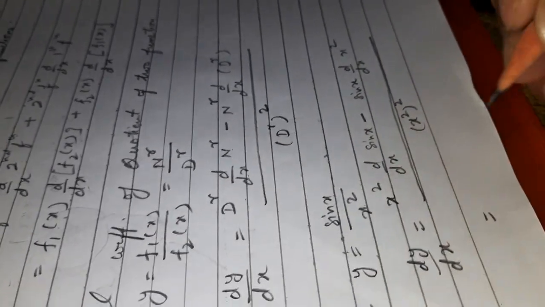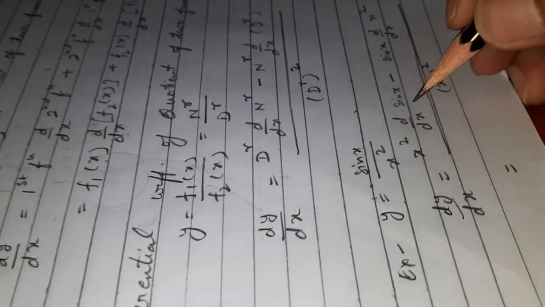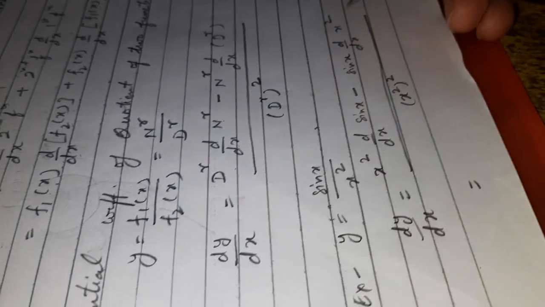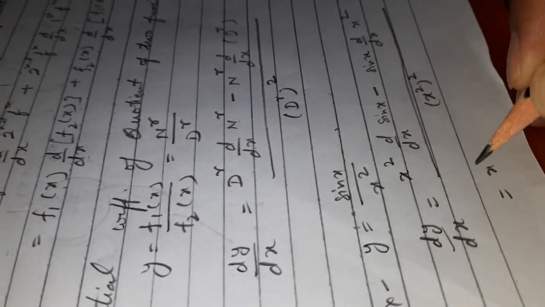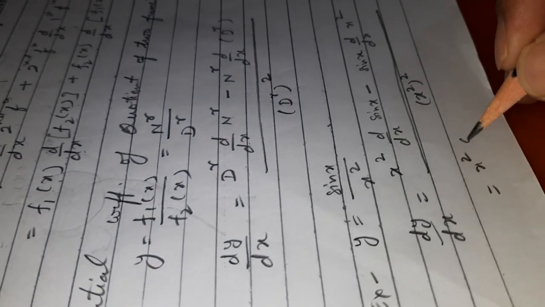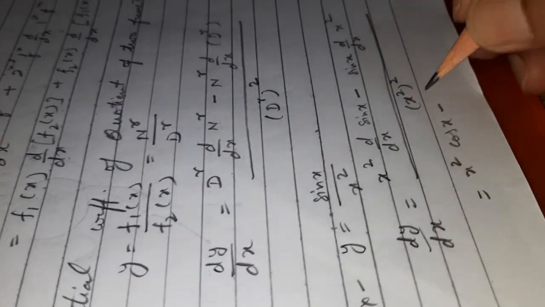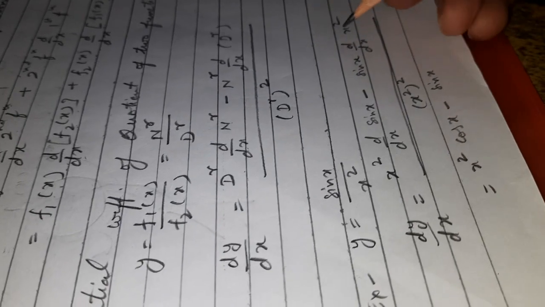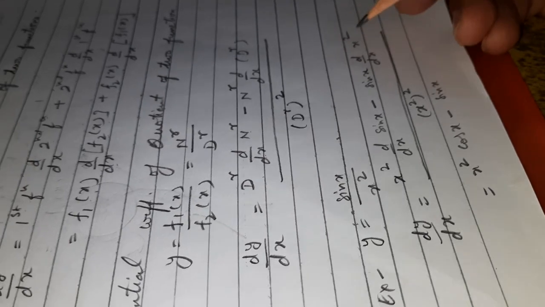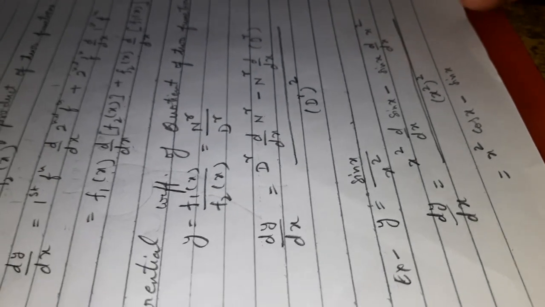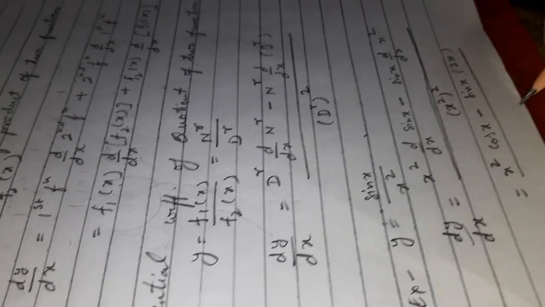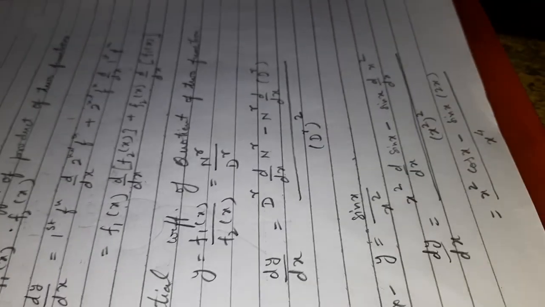The differential of sin x is cos x, and the differential of x square is 2x. So it becomes x square cos x minus sin x times 2x, upon x to the power 4.